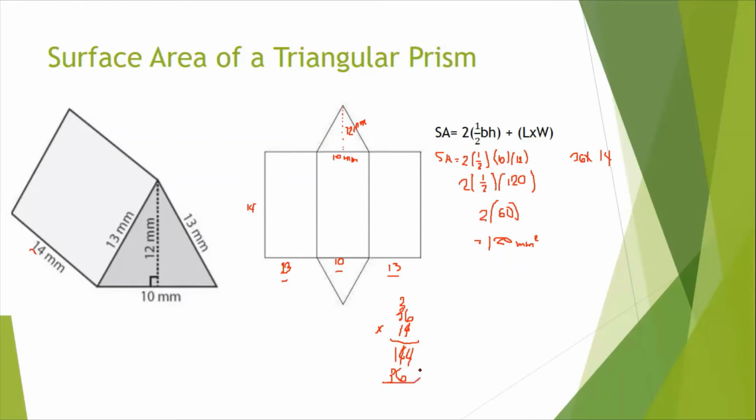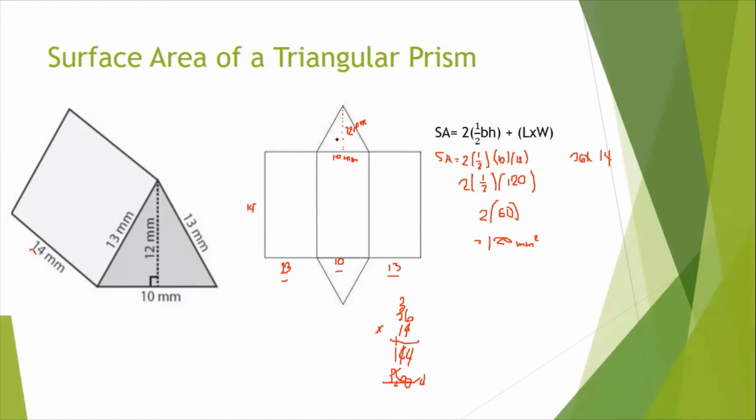Let us sum them up: we have 4, 10 carry 1, 4. So we have 504. The area of our rectangle is 504 millimeter squared.